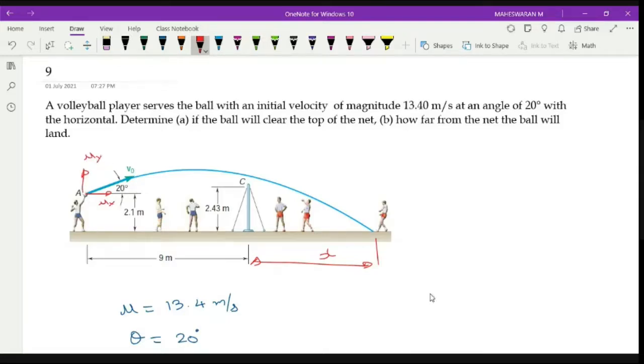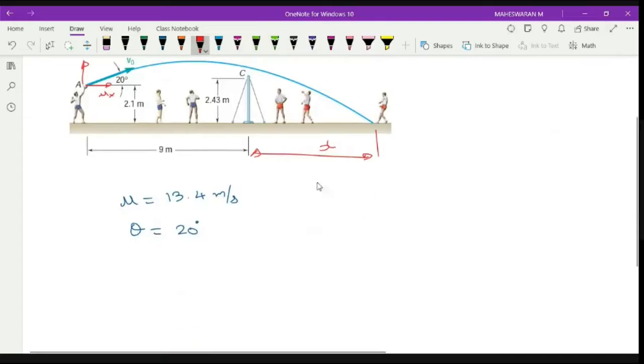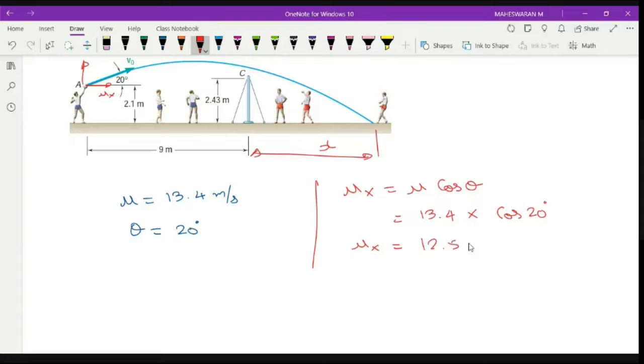These are the two terms. So ux is u cos theta, which is equal to 13.4 into cos 20°. So what is your ux then? 12.591 meter per second.